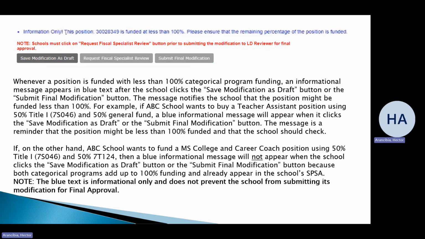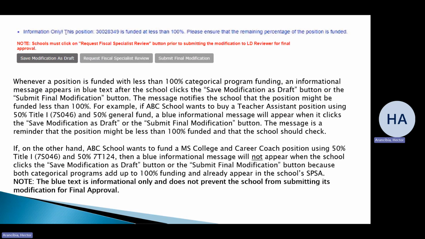Now, whenever a position is funded with less than 100% categorical program funding, a blue informational message will appear after the school clicks the Save Modification as Draft button, or if the school clicks the Submit Final Modification button. This message will notify you that the position may be funded less than 100%.